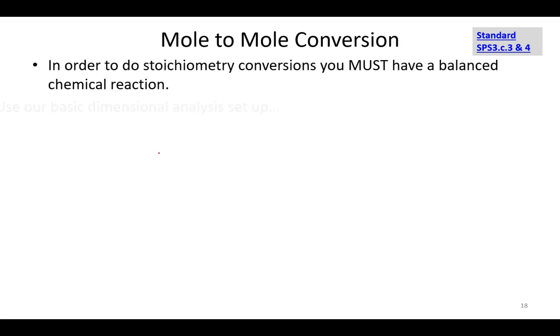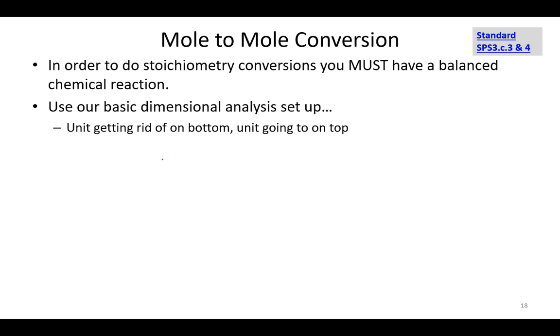So for our conversions, like I said, you have to have that balanced equation, but it's the same basic setup. You're going to write your given number and given units, and then you're going to set up your dimensional analysis by multiplying by a fraction.